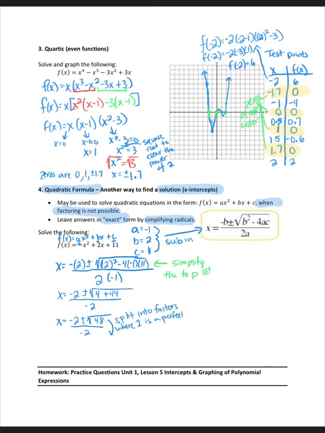Remember, we went through that list of perfect squares before. So thinking about radical 48, we have to think what factors of 48 could be perfect squares.